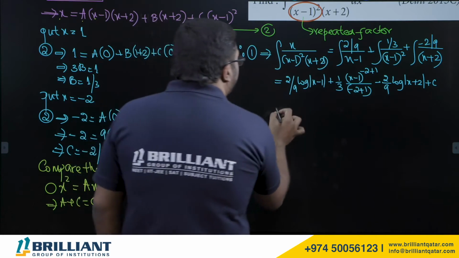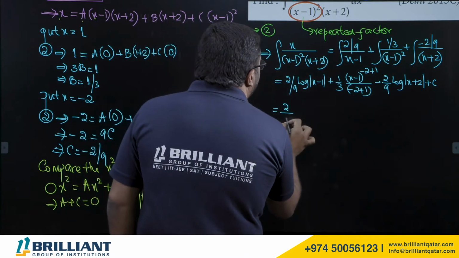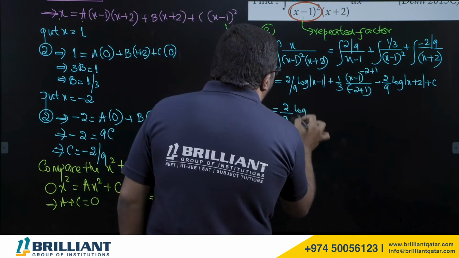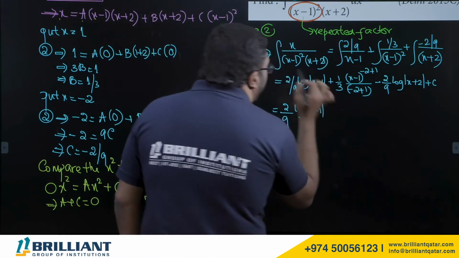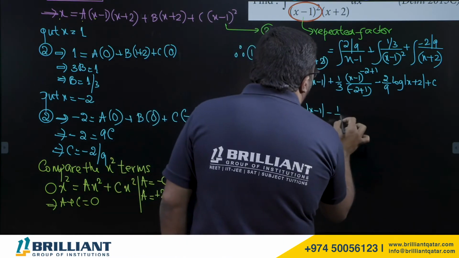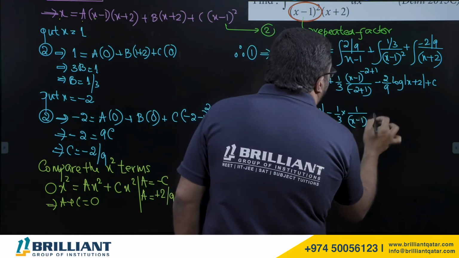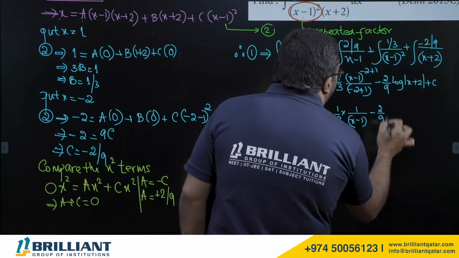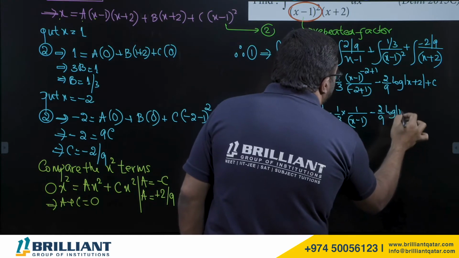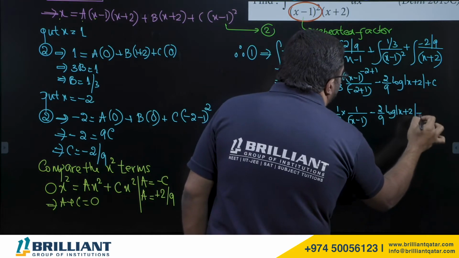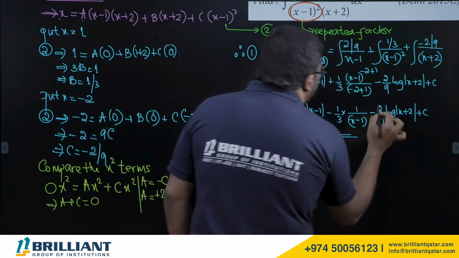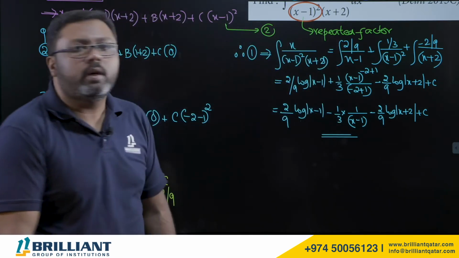That is equal to, making it better, 2 by 9 log mod x minus 1, and this is going to be minus 1 by 3 into 1 by x minus 1, and minus 2 by 9 log mod x plus 2 plus c. This is the answer for the question.